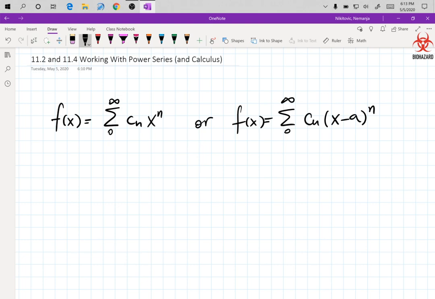So the first order of business is to look at what we would call the radius and interval of convergence of power series, because power series are supposed to converge.